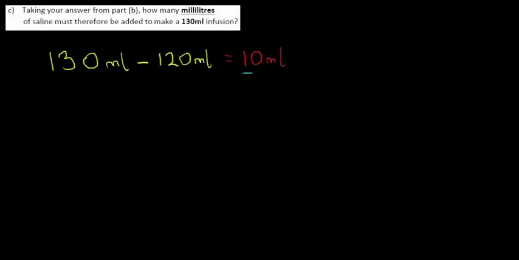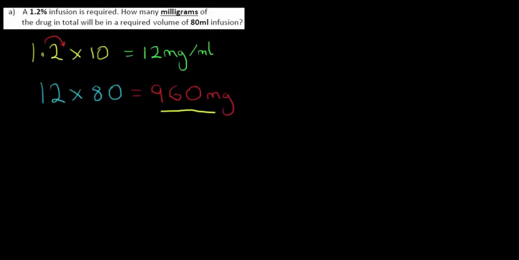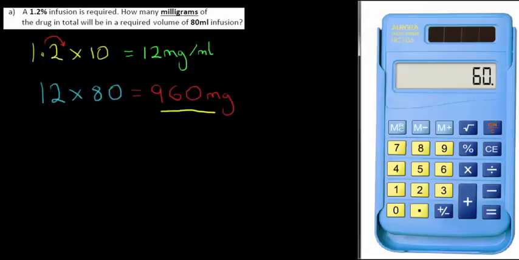Now, rather than checking as I've gone along on parts A, B and C, I now propose that we go back to the start of this question and review our answers with the calculator. Part 1 involved converting the percent solution into milligrams per milliliter. Let's check our calculator.